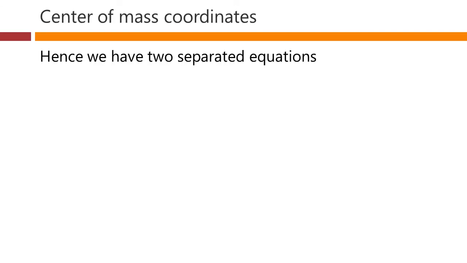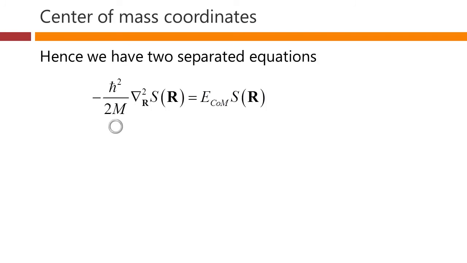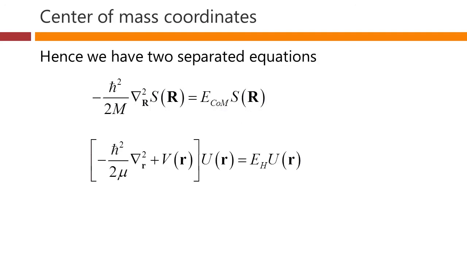Hence, we have two separated equations. We have this equation, minus h bar squared over 2 capital M, the del squared with respect to capital R of S of capital R is equal to some energy, E COM, times S of capital R. And our other equation with E_H equal to the total energy minus E center of mass.